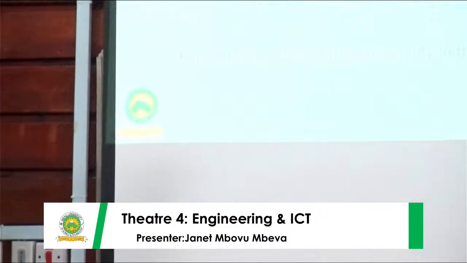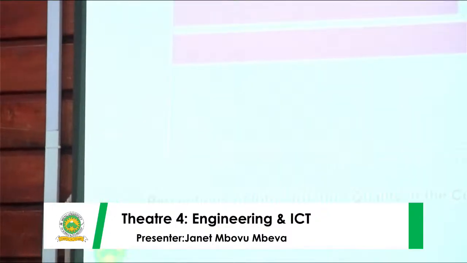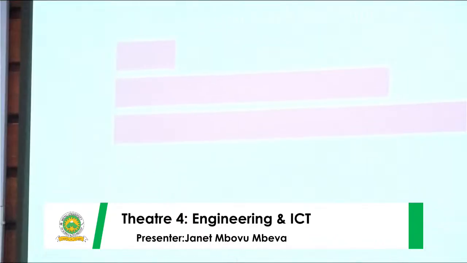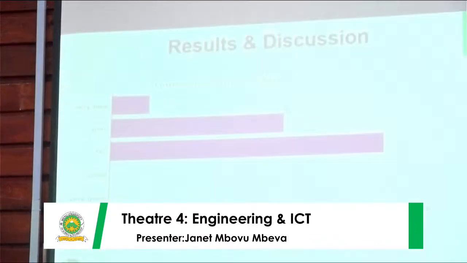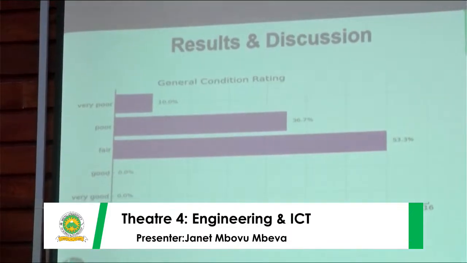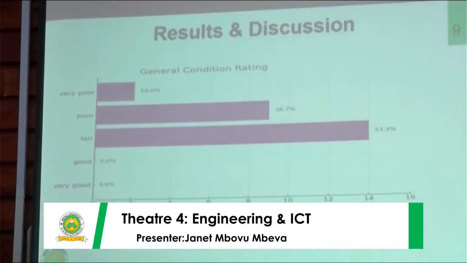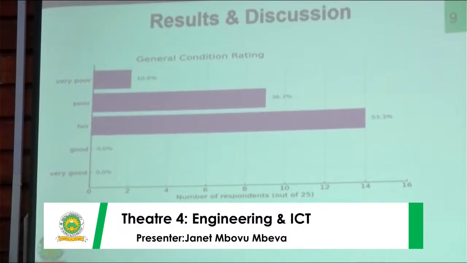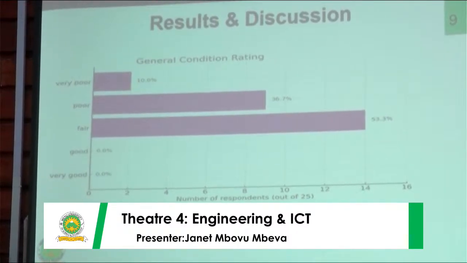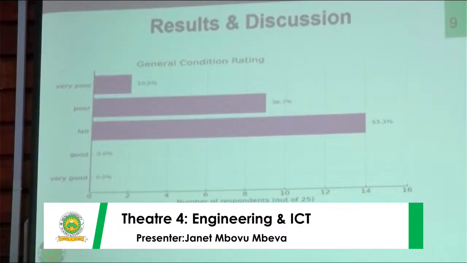The first one was to check the perception of the infrastructure quality in the community, and we could see that the highest percentage of the community members, that is 53.3%, said that the infrastructure was fairly perceived in their community, with 10% saying it's very poor and no percentage which perceived that the infrastructure was good or very good.